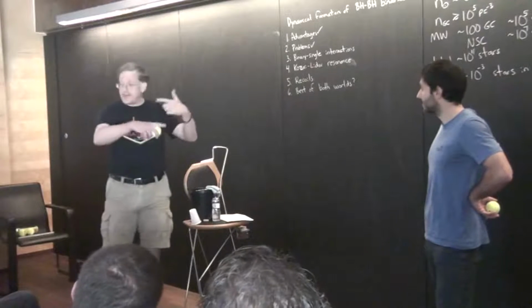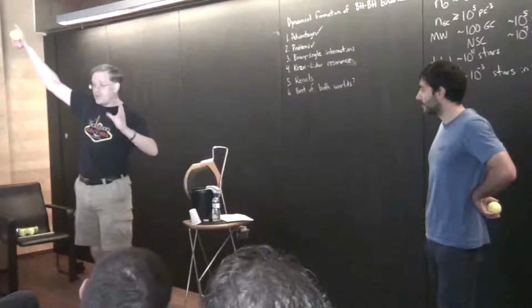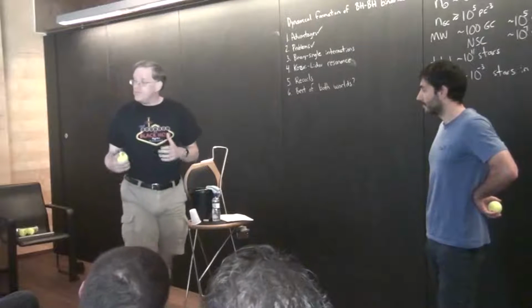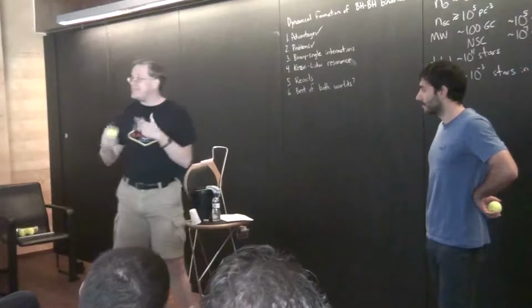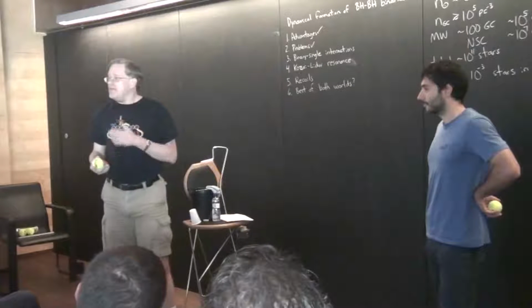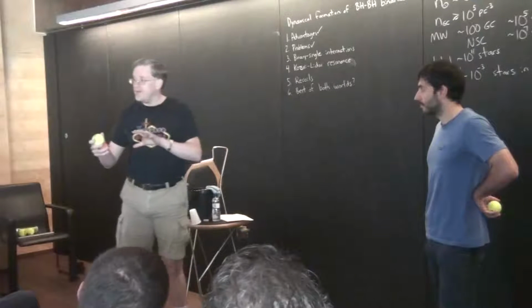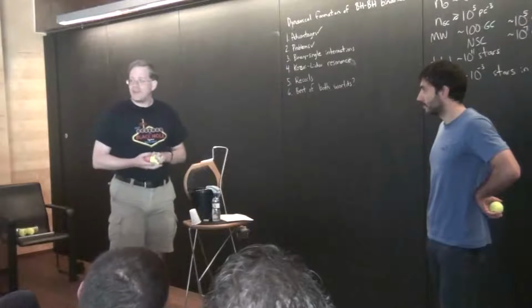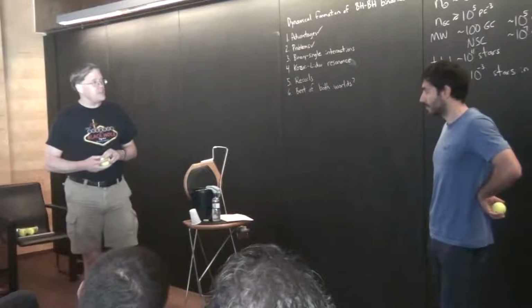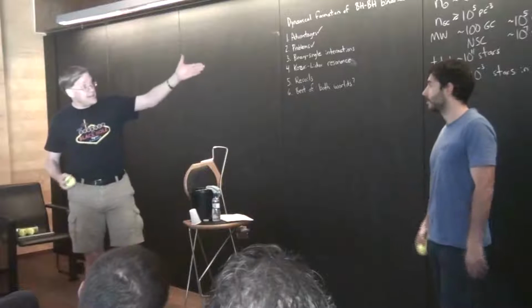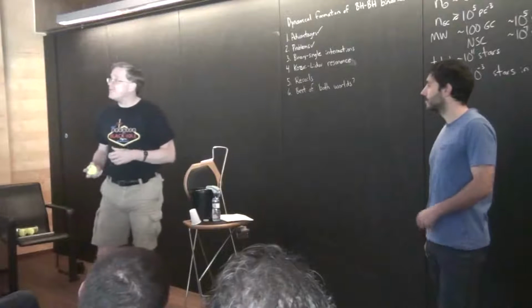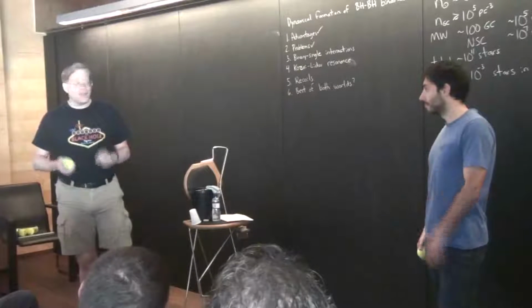That is to say, you're going to have an inner binary and an outer tertiary, a third object, which is moving far enough away that it's not dynamically unstable. This is something you could imagine evolving from a triple system, but for reasons I'll get into later, that's actually a bit more of a challenge.